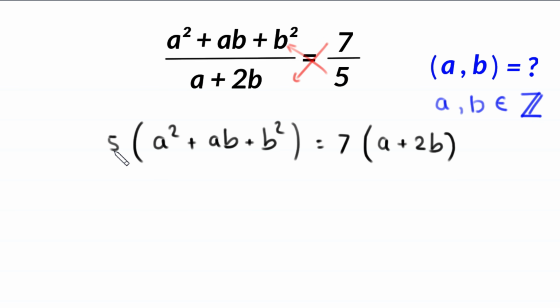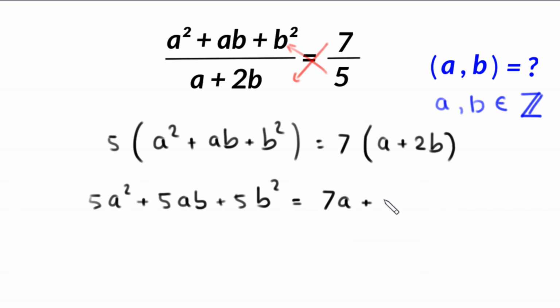Distribute this 5, this will become 5a squared plus 5ab plus 5b squared equal to, distributing this 7, 7a plus 14b.